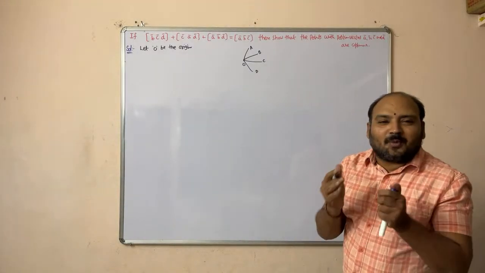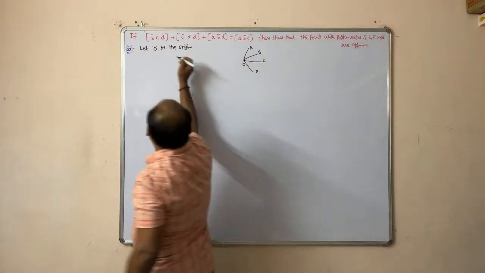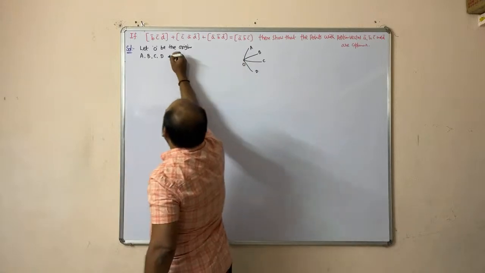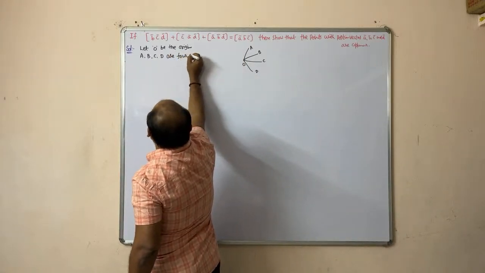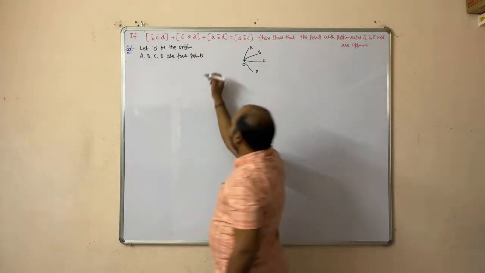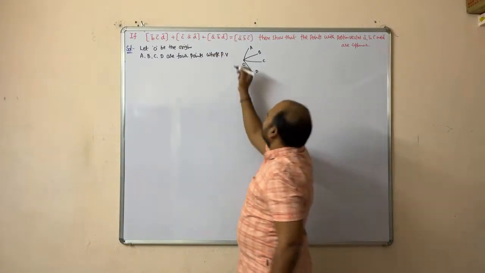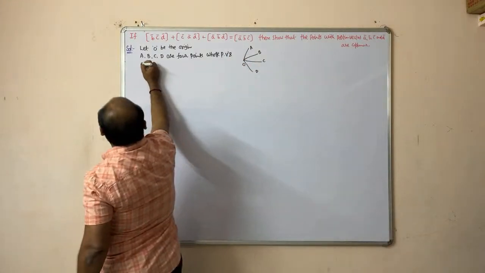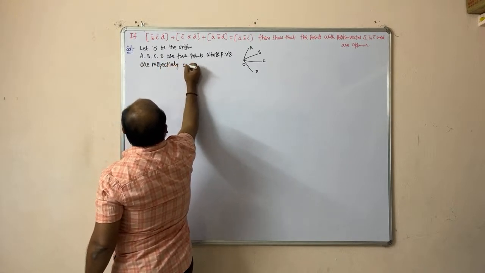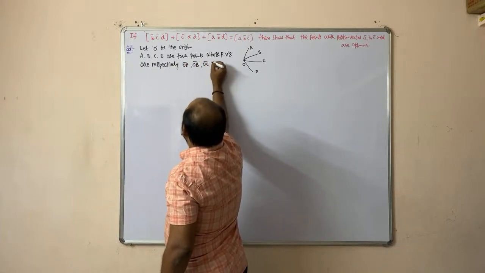Coplanar means what? The points which are lying on the same plane are called coplanar. A, B, C, D are 4 points whose PVs, PV means position vector, are respectively OA, OB, OC and OD.